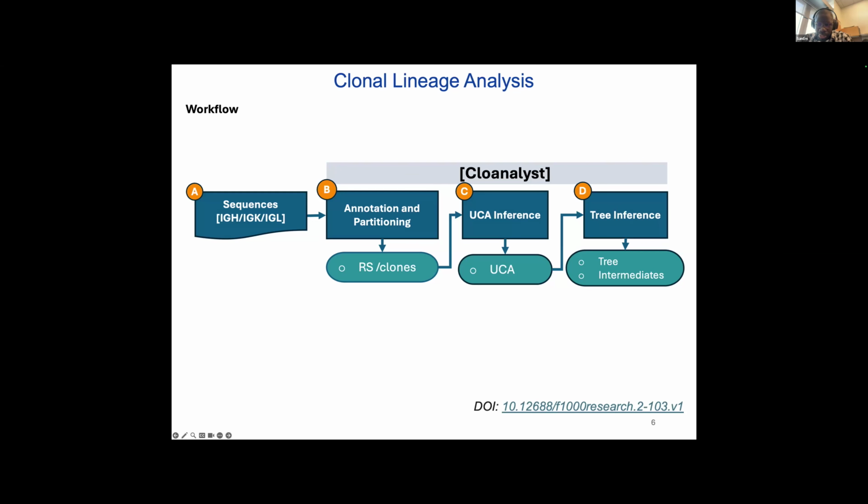Clonalyst will annotate and partition your sequences. It will infer the UCA for you and the intermediate sequences, and then calculate the phylogenetic tree using both the heavy and the light chain sequences. The annotation and partition can be performed from the command line, while the UCA and tree inference are performed using Clonalyst's GUI.